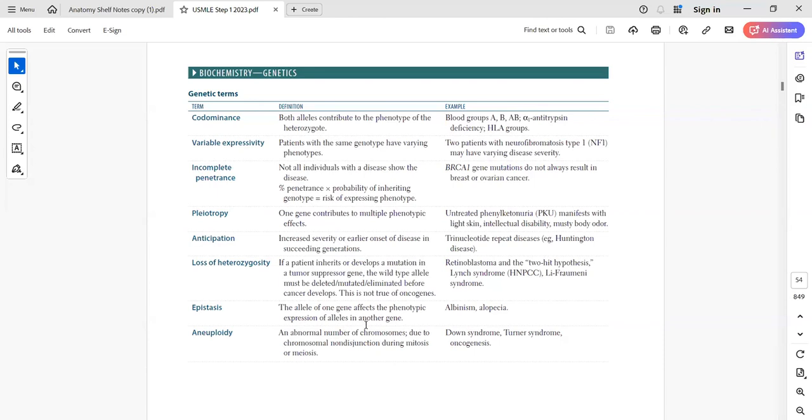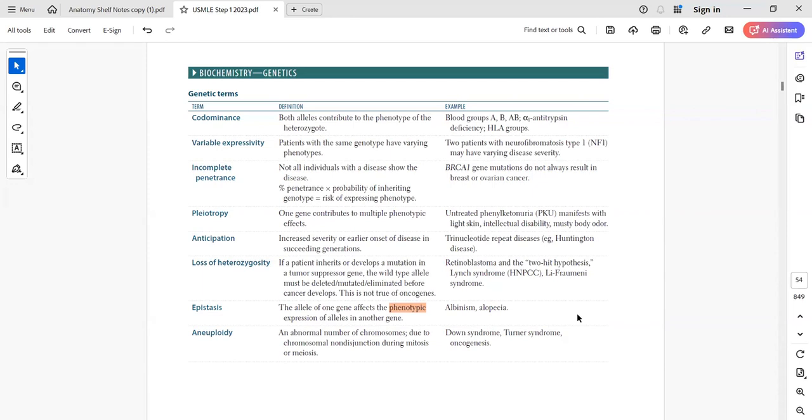In epistasis, it happens when the allele of one gene affects the phenotypic expression of the alleles in another gene. Whenever there is the word phenotype, you know that this means physical. This is not genetic; genotype was genetic. Phenotype is physical. For instance, albinism and alopecia.